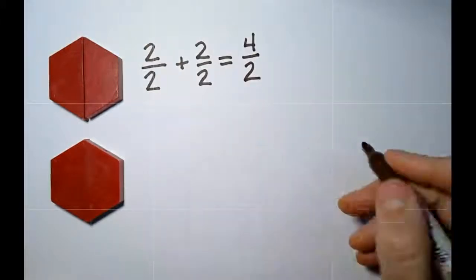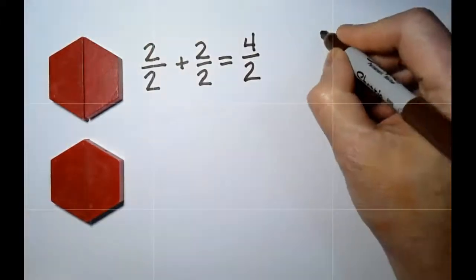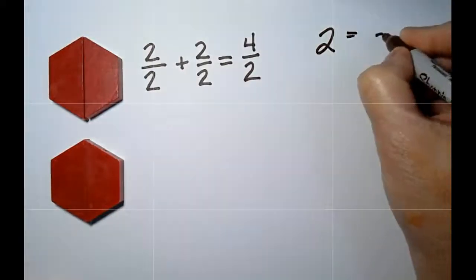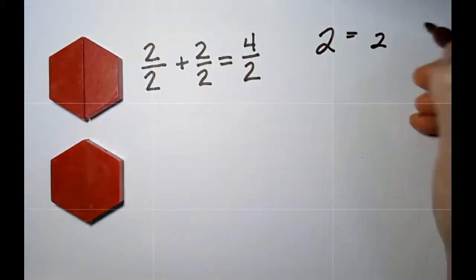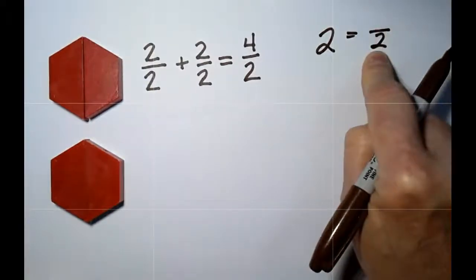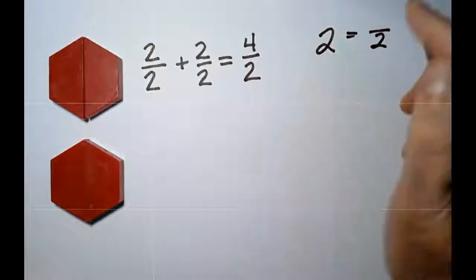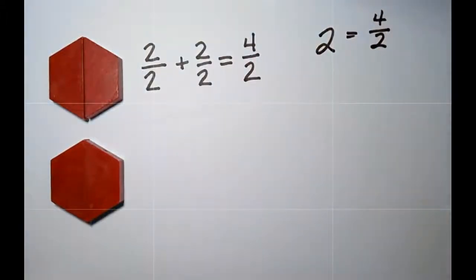And if somebody says, I have 2, how many halves is that? Well, there's 2 in each whole, and I have 2 wholes. 2 times 2 is 4.